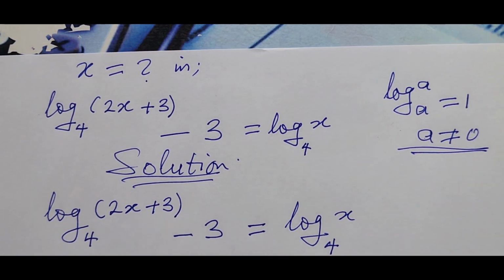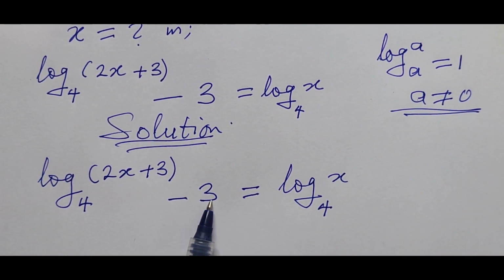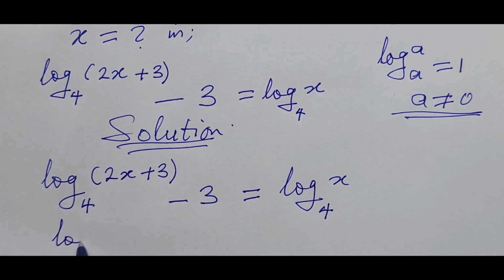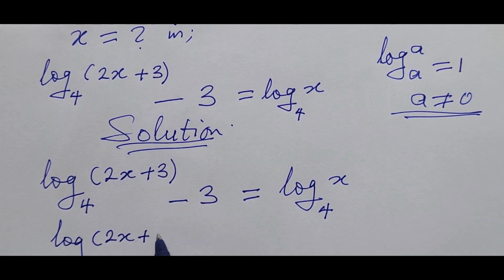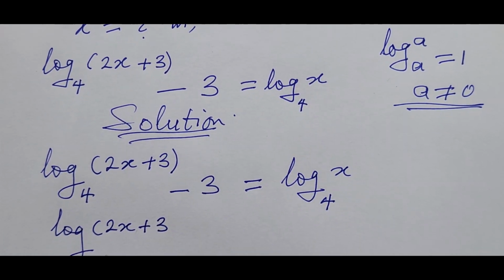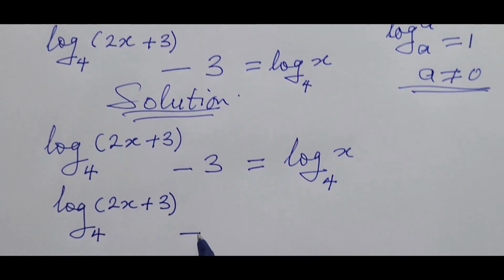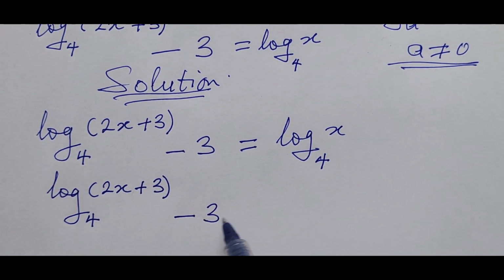And so we're going to introduce log to this part of the equation. This is going to give us log (2x + 3) base 4, then minus 3 times log.